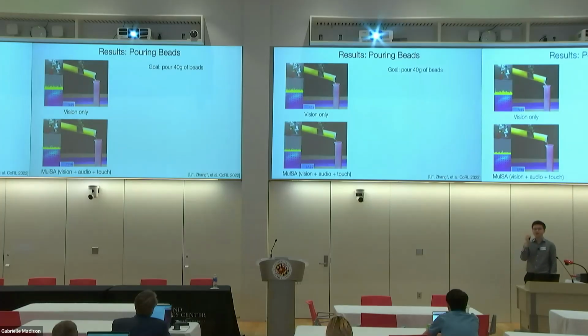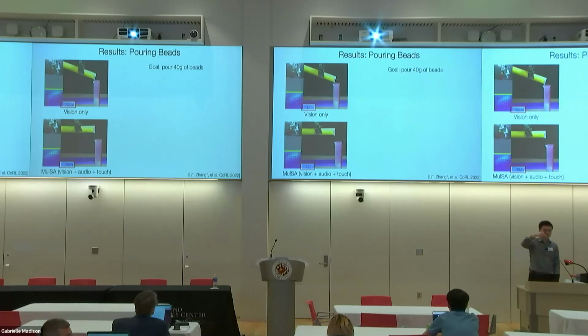You can see that if we use only vision, the differences are very, very fine-grained, right? The robot doesn't know when to stop pouring to stop at the right amount of 40 grams. But the model using vision, audio, and touch can actually stop at the right moment, around 40 grams, and achieve the target level.